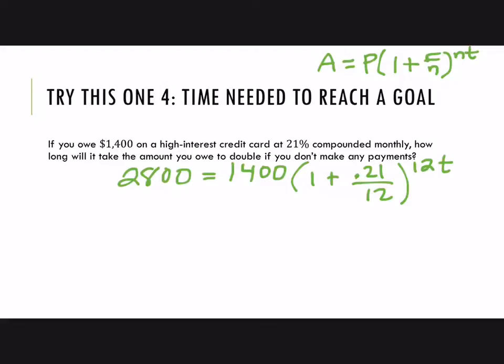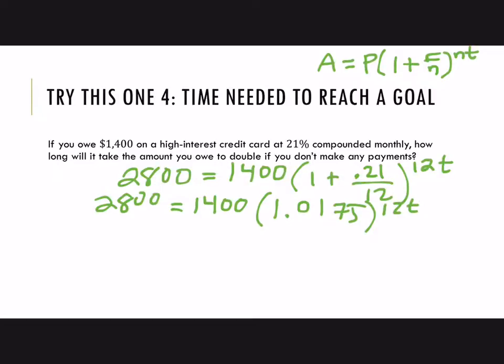And this again works out nicely. If it didn't, it would be okay in this situation if you wanted to round. We're going to need to when we get to the logarithms. This is 2,800 equals 1,400, and then in parentheses 1.0175.